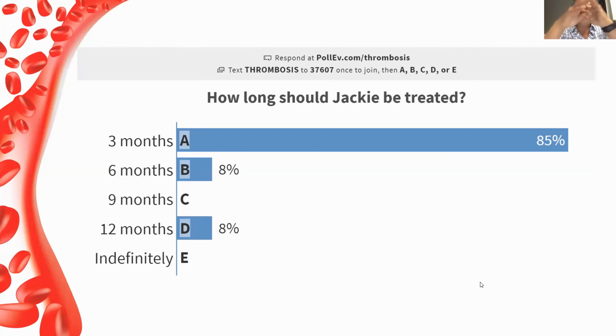The question with Jackie is, would you go forever? So if I wasn't sure what to do with Jackie, I would go to 6 and then I would decide. But the answer would either really be 3 or indefinitely. 6 is fair though, because 6 would be where you'd be at a clinical equipoise and you can make a decision. But yeah, 3 or indefinitely would be your options here for Jackie.